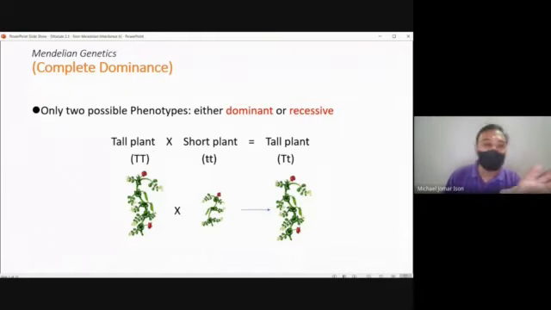When you cross the tall and the short, you will produce a tall plant, where the phenotype is the same as that of the dominant parent. You can only have two possible characteristics when you are talking about Mendelian inheritance, particularly complete dominance.